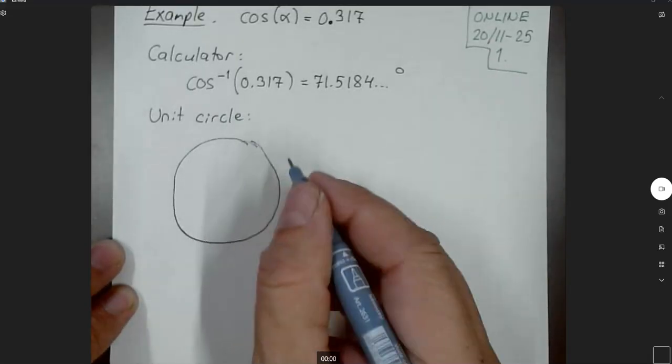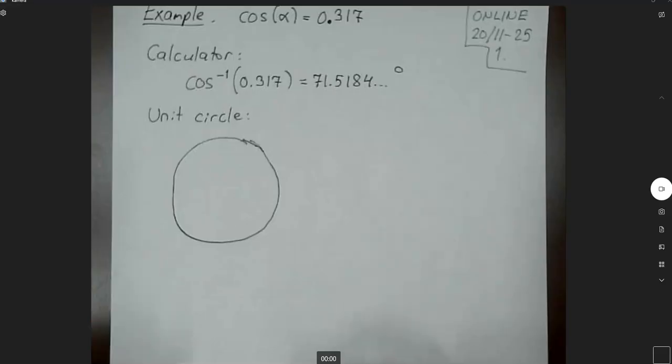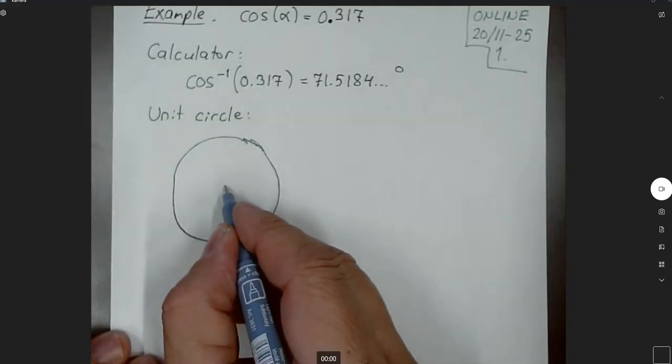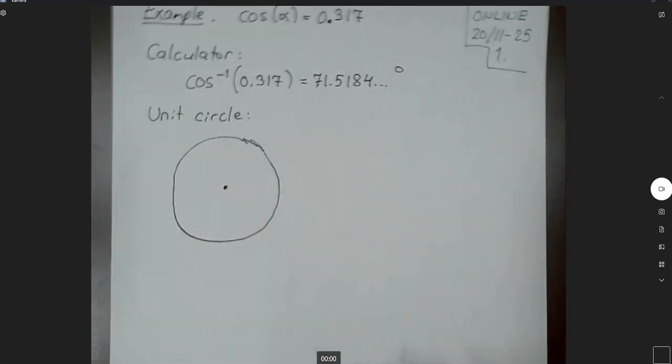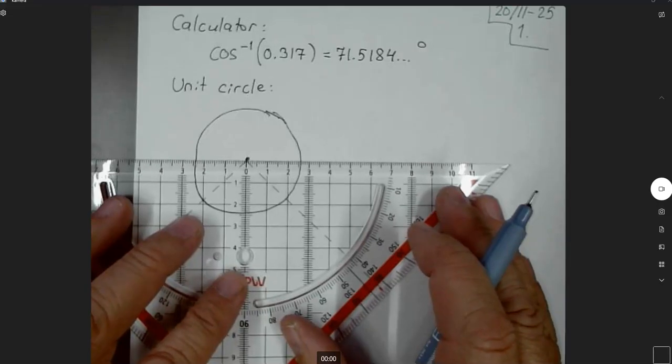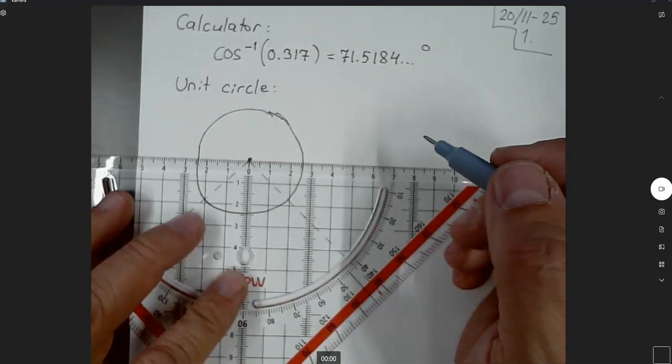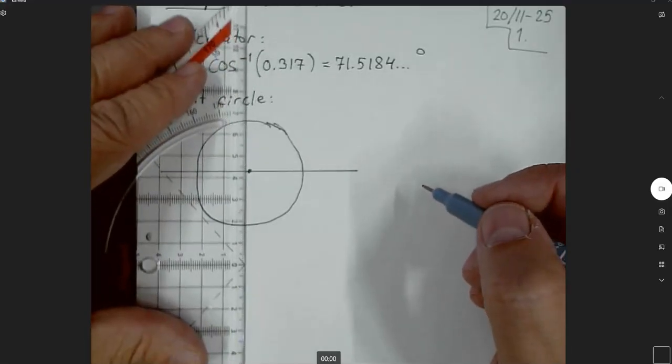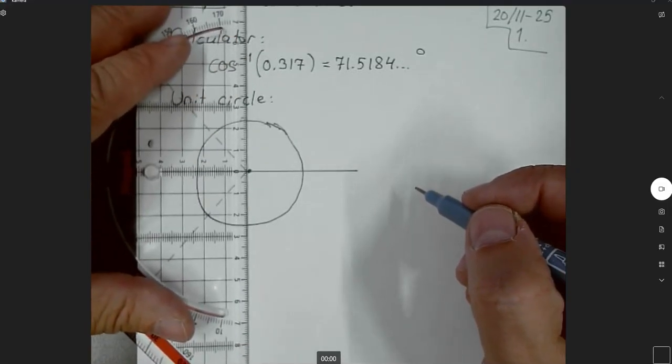I try my best, and this is the best I could. And there is the origin there.